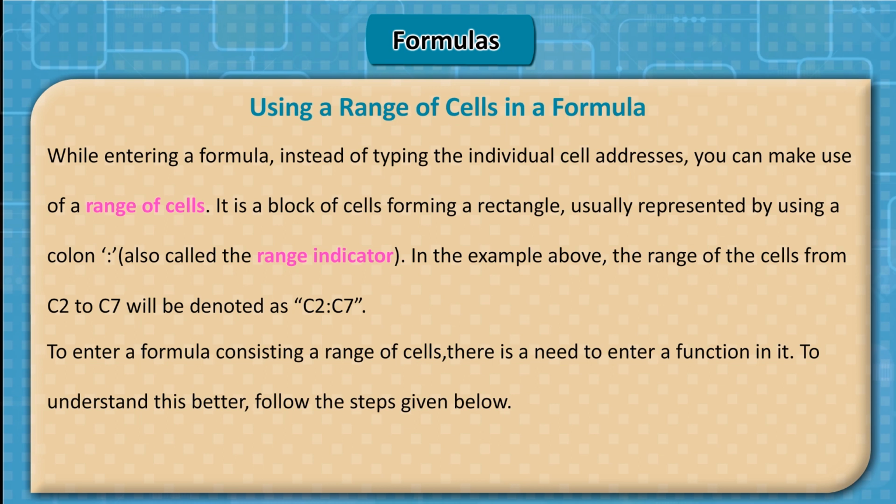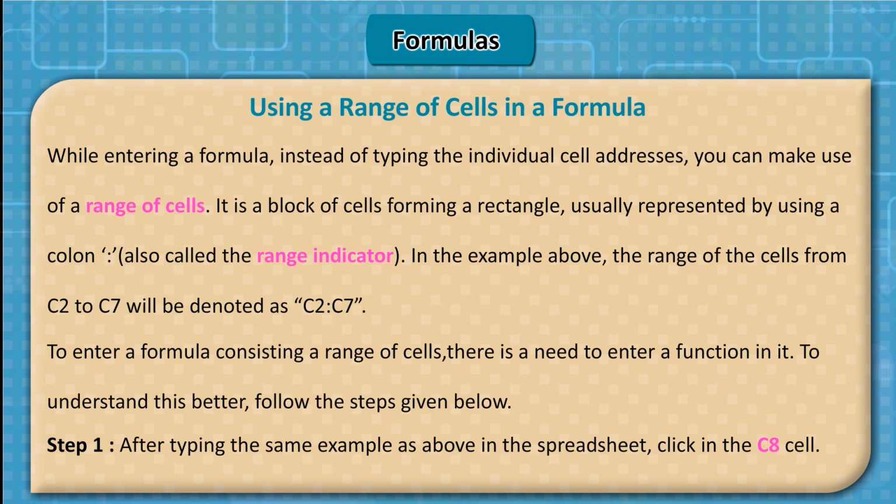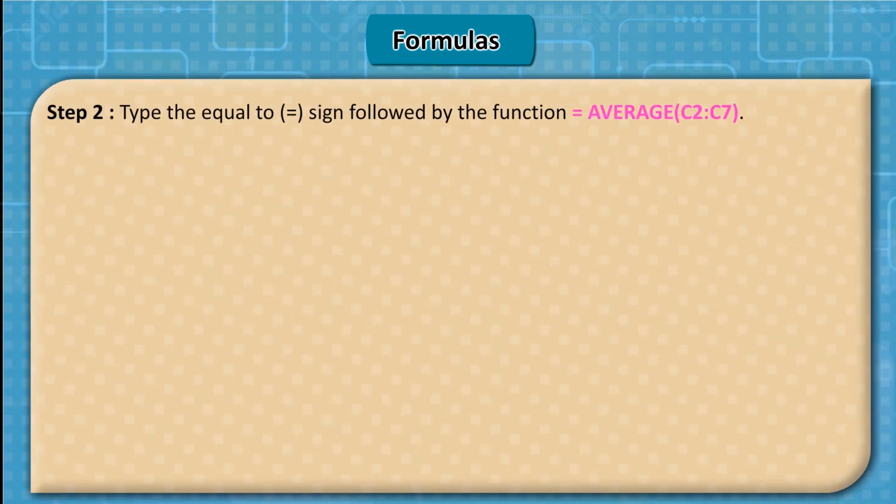To understand this better, follow the steps given below. Step 1. After typing the same example as above in the spreadsheet, click in the C8 cell. Step 2. Type the equal sign followed by the function equals AVERAGE(C2:C7).